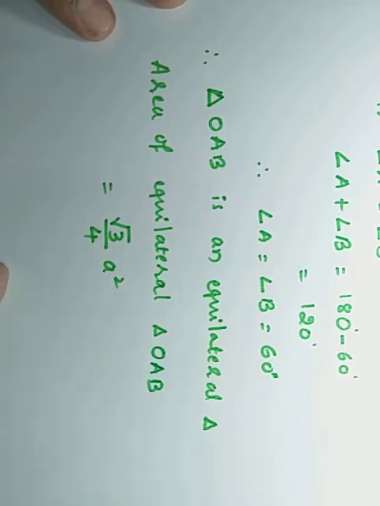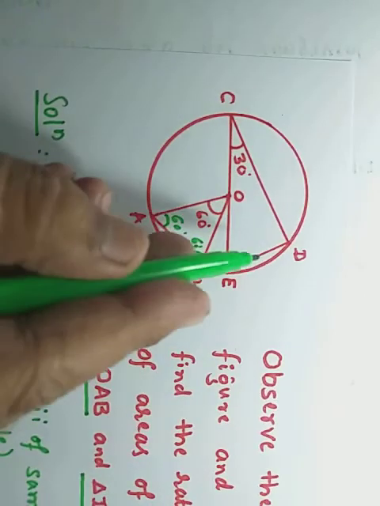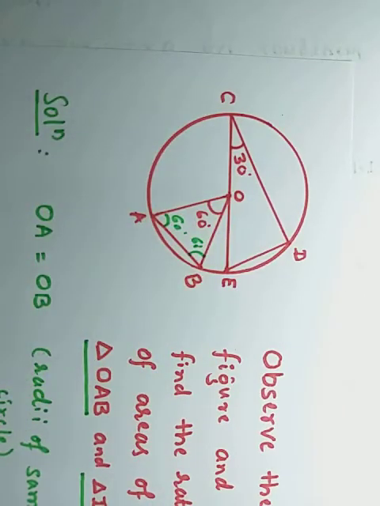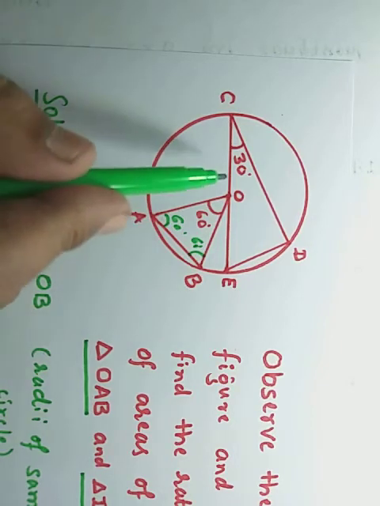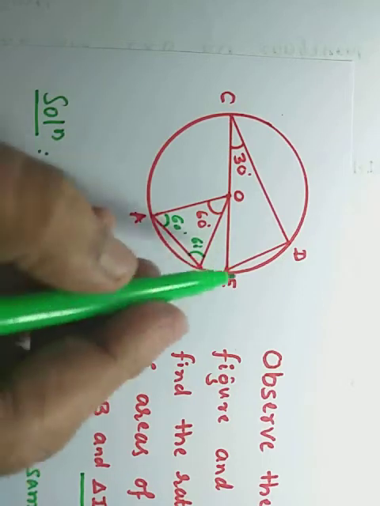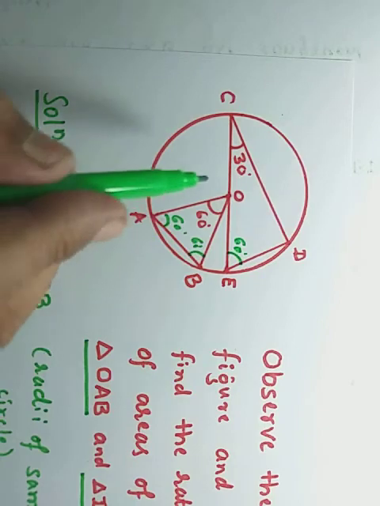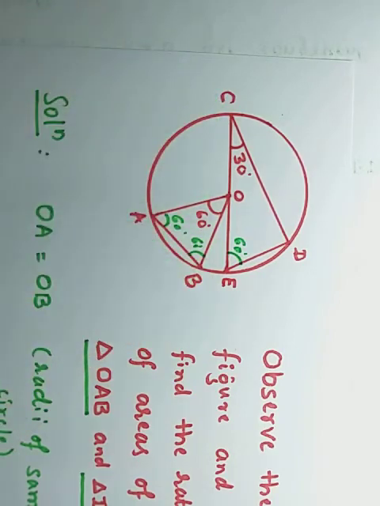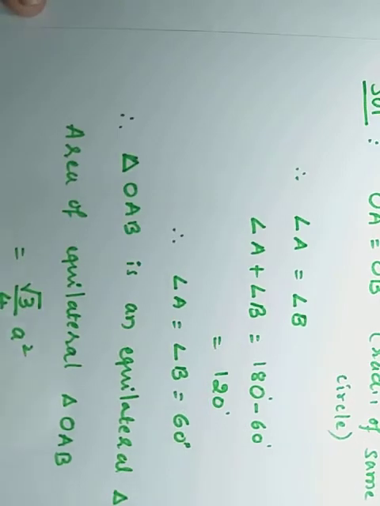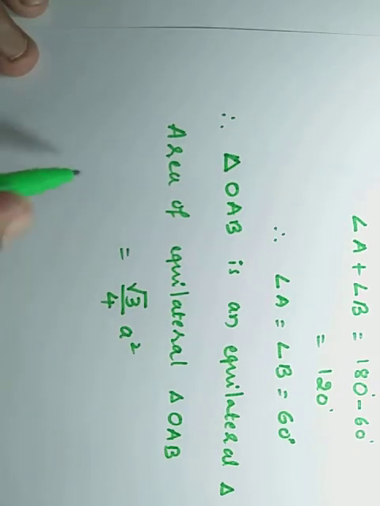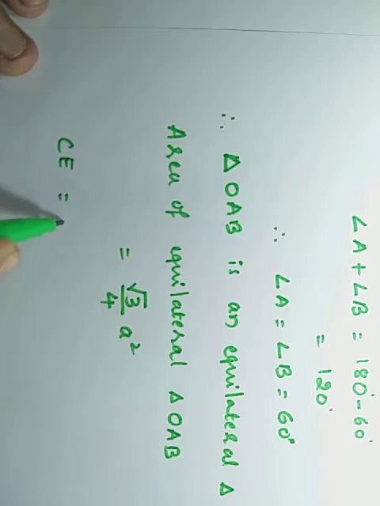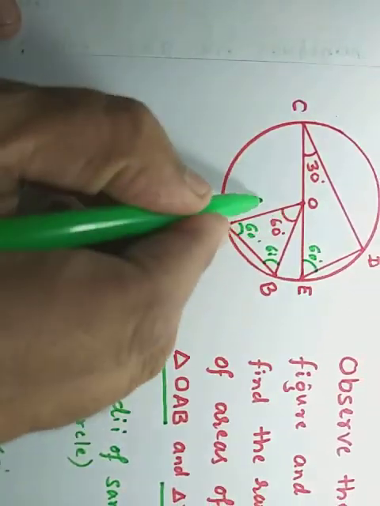Very fine. Now, we shall take this diagram and see how to find this. This is a very fantastic one because the angle here is 30 degrees and this angle automatically becomes 60 degrees. We are given only CE. CE is the diameter. The radius we have taken to be a units.